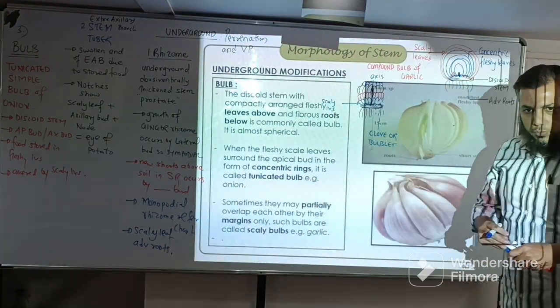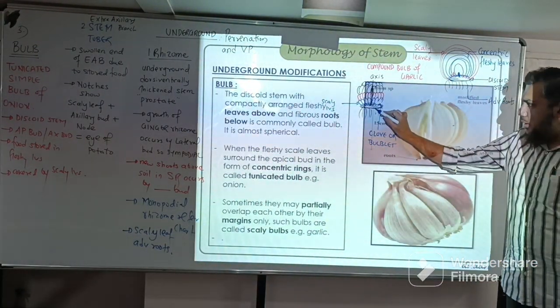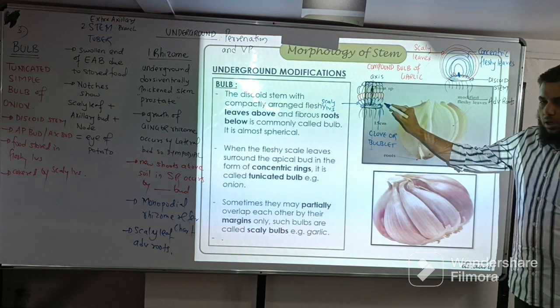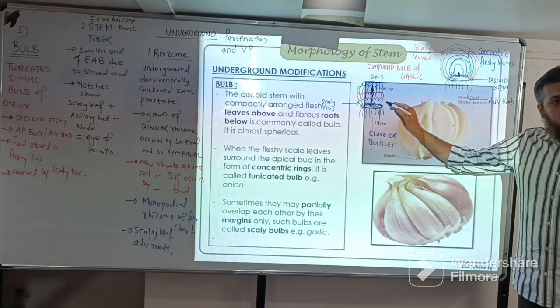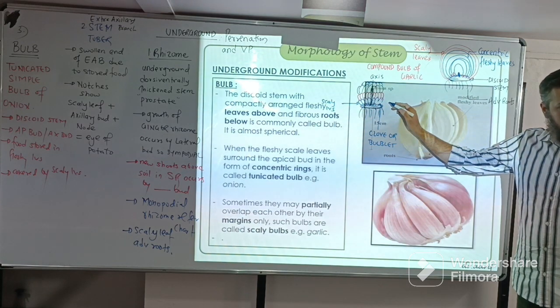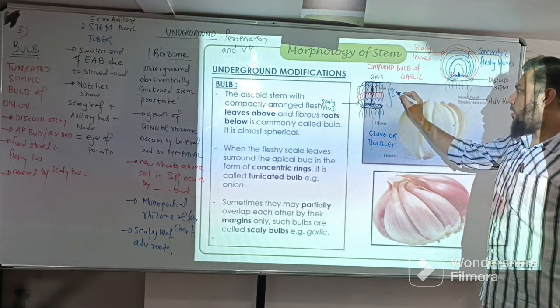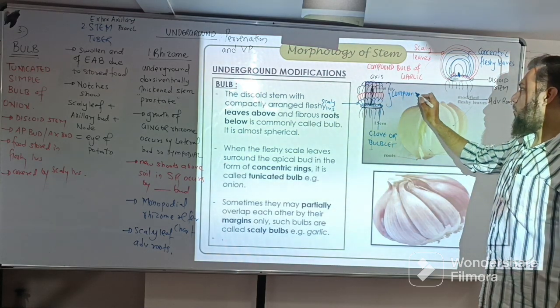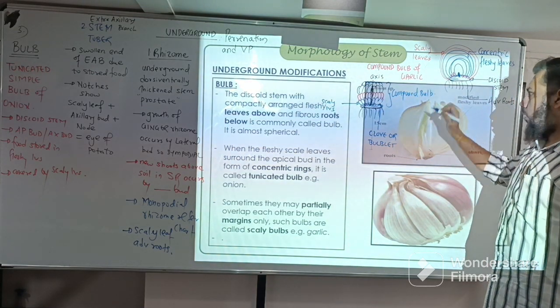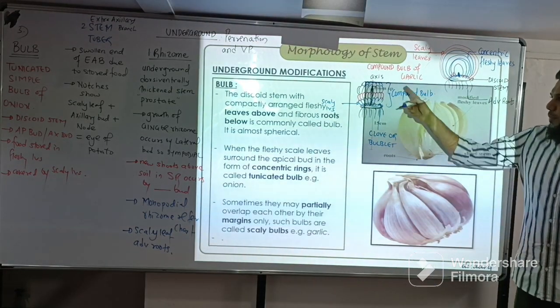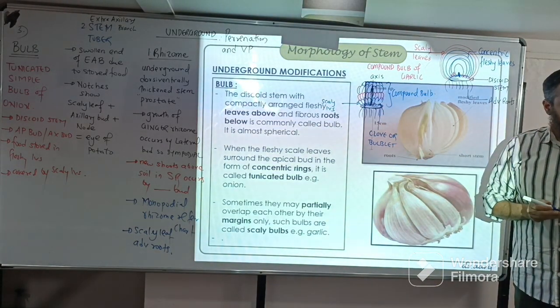Now, is it a bulblet or a group of bulblets? The entire group of bulblets is called a compound bulb.